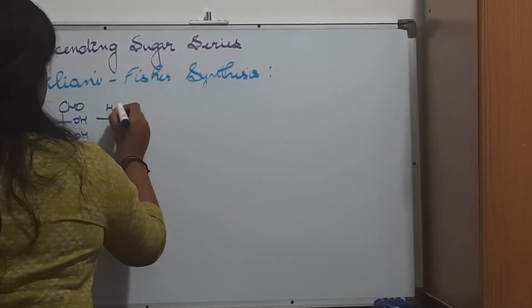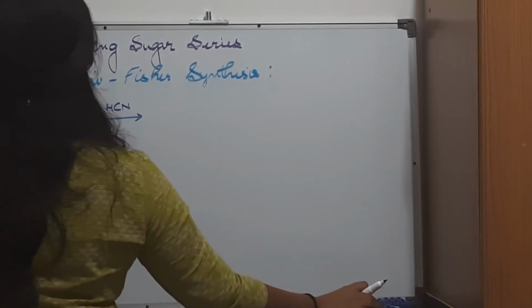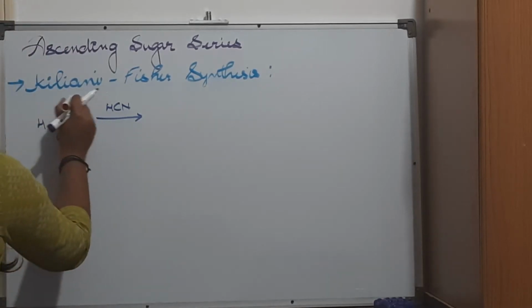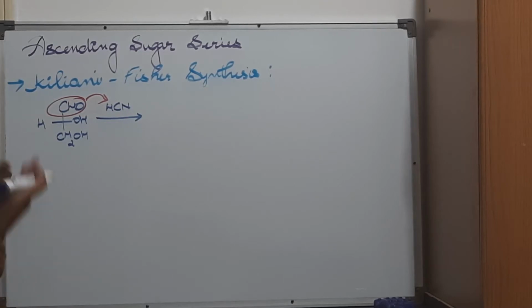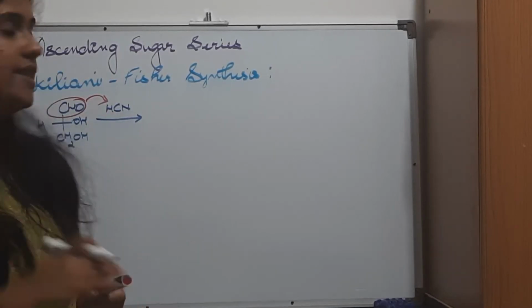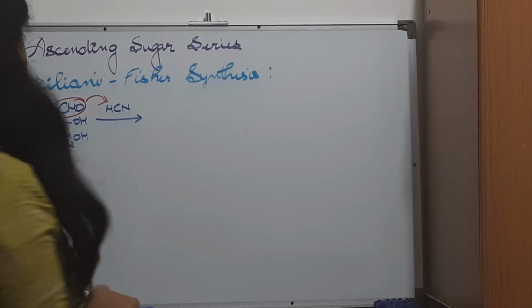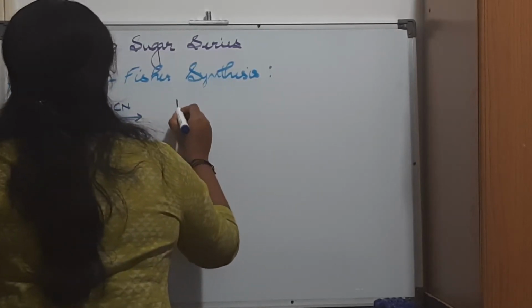I treat this with HCN. So when I treat this with HCN, I have a CHO group that can react with hydrogen cyanide, a very basic organic reaction. Aldehydes react with cyanides, forming cyanohydrin, right? So what happens now?